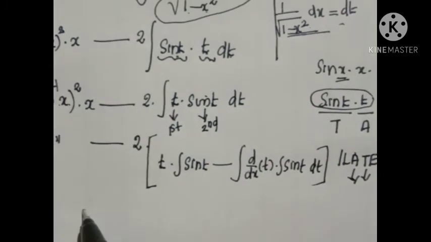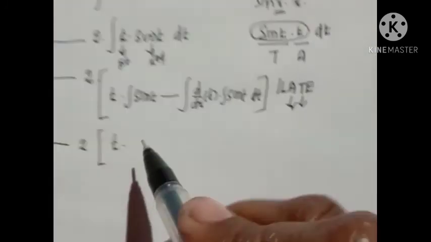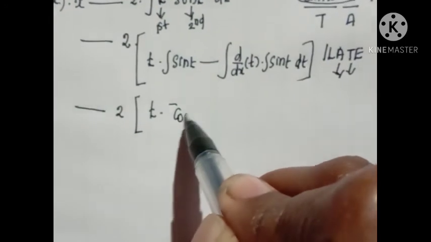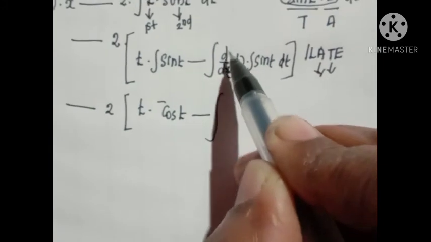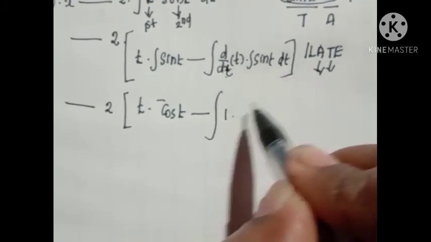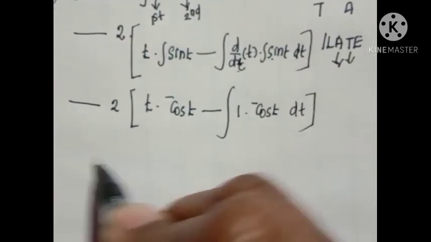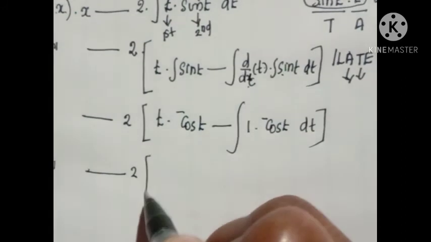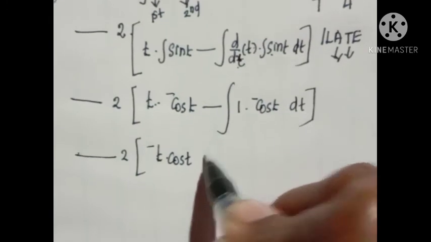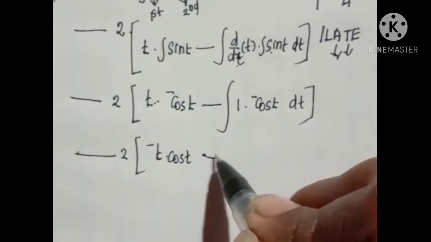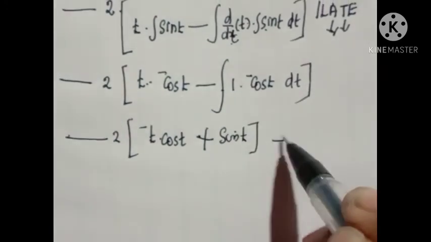That is equal to 2 into t into integral of sine t, that is minus cos t, minus integral of derivative of t, that is 1, into integral of sine t, that is minus cos t dt. It is 2 into t into minus cos t minus t cos t. Now this minus and minus becomes plus. Now the integral of cos t is sine t plus c.